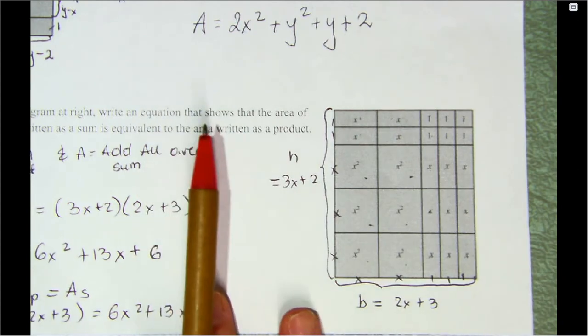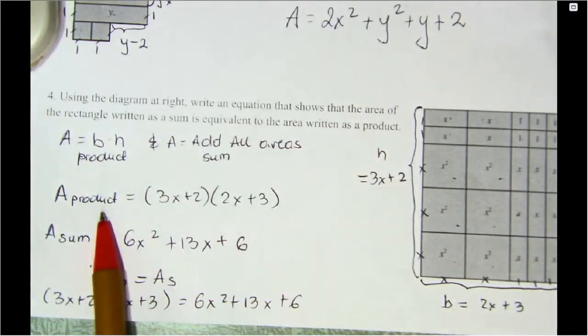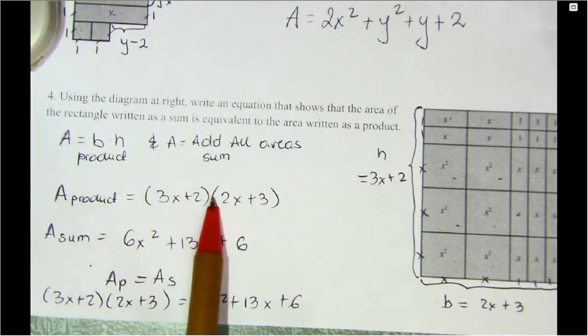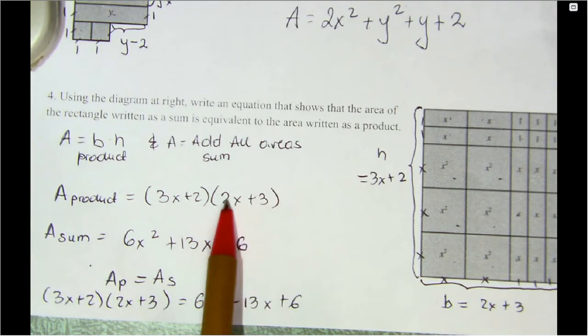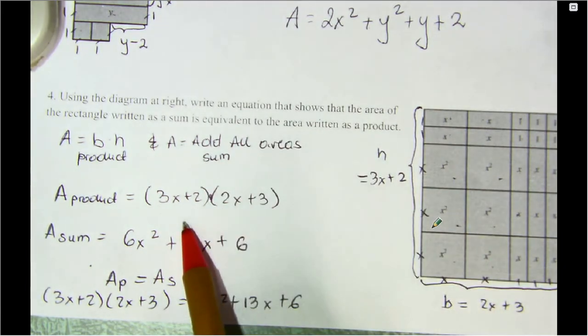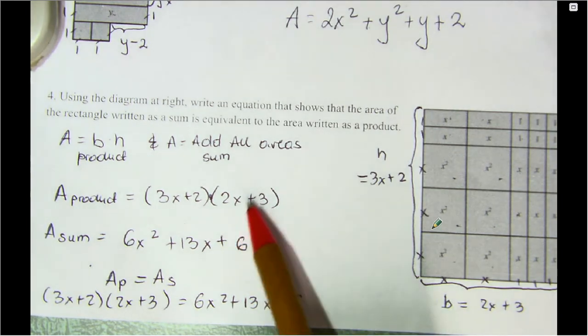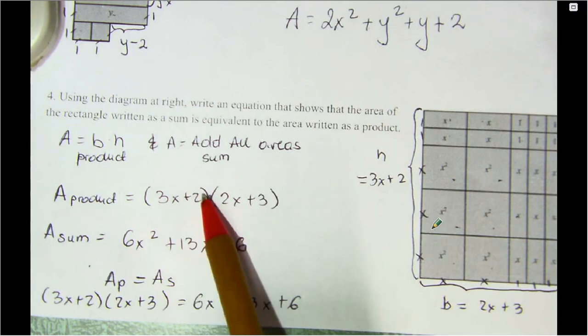So if I want to write this as area as a product, that will be base times height. They're not single numbers, that's totally fine. They're expressions. They're still representing the length and the width.